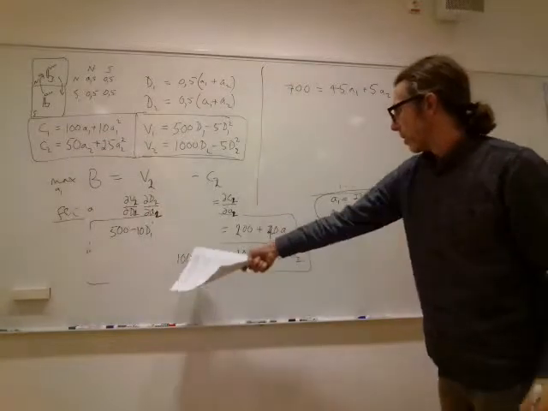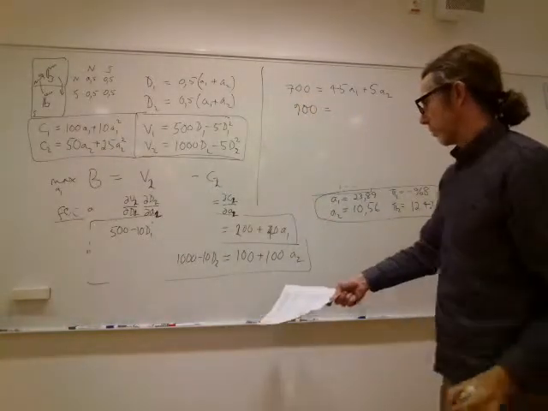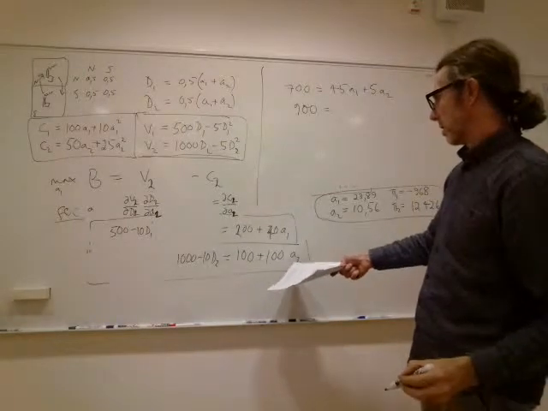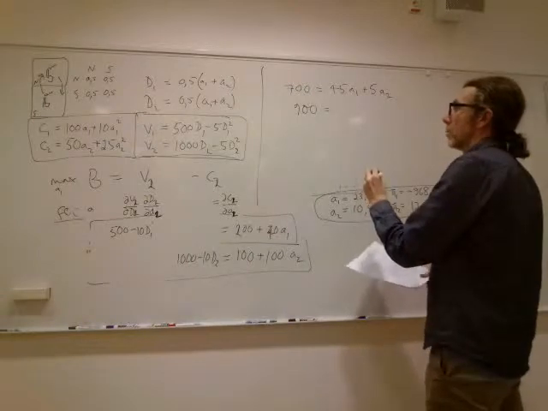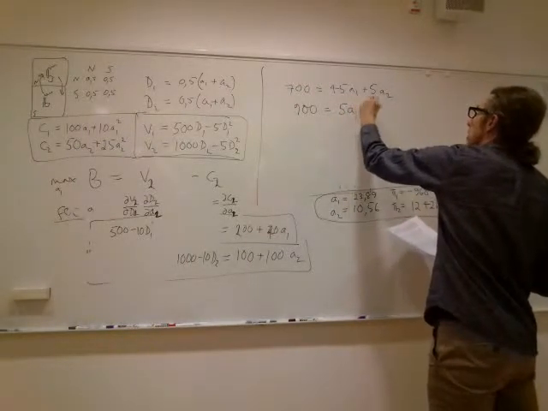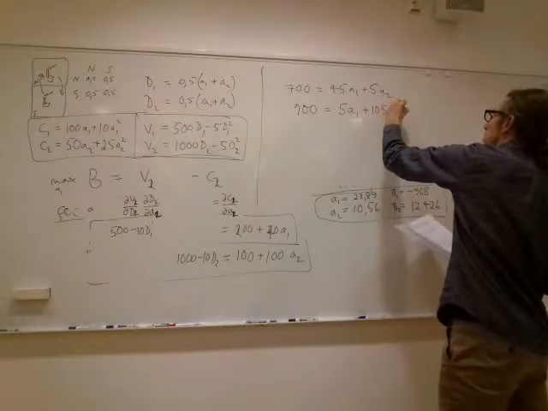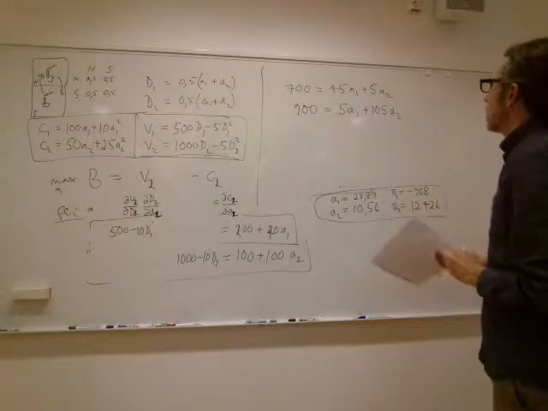And here we've got 900 equals 100A2 plus 10D2, so that's 5A1 plus 105A2. Okie dokie.